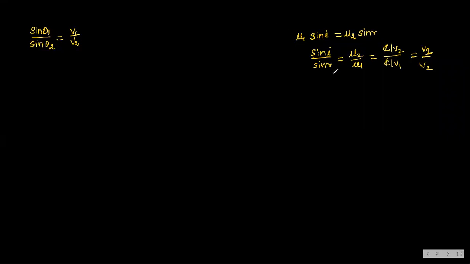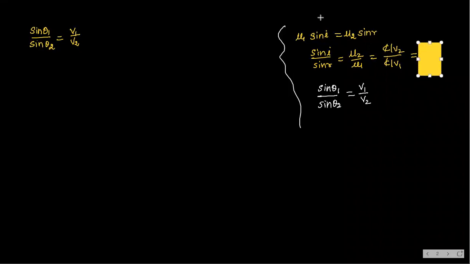And similarly here sine I is nothing but sine theta 1 and sine R is nothing but sine theta 2, which is equal to phi1 by phi2. Hence, can I say that law of refraction is proved? Can I say like this?